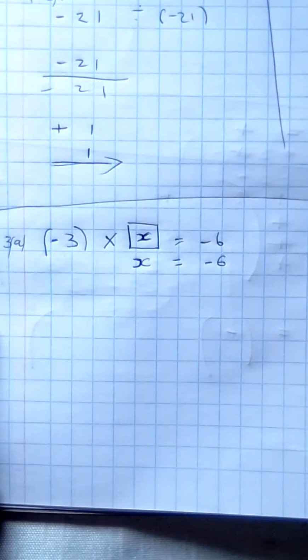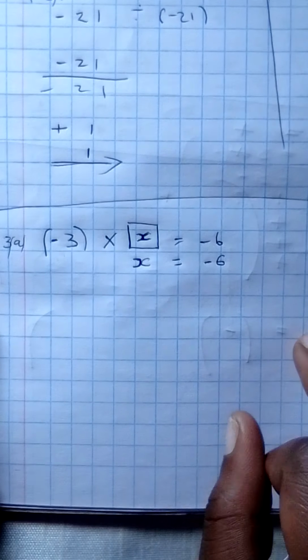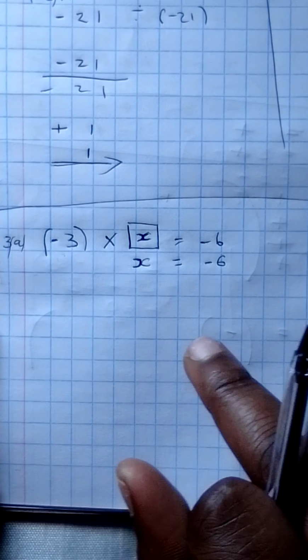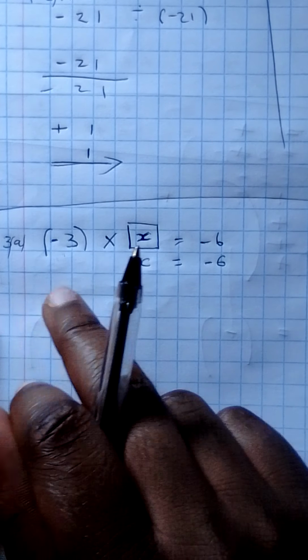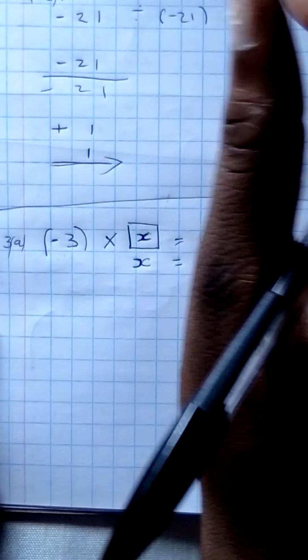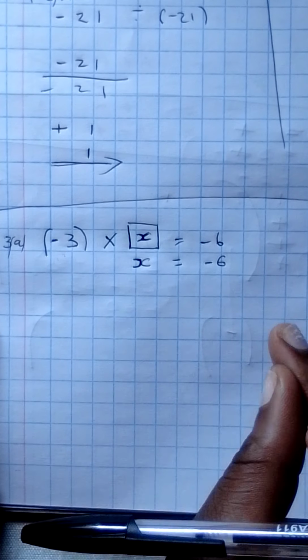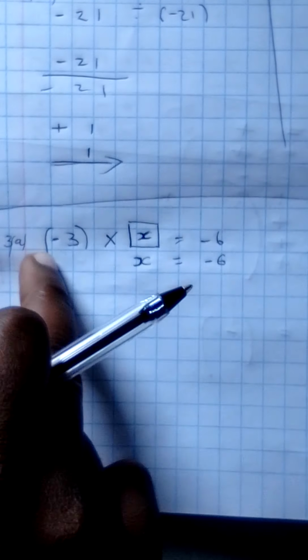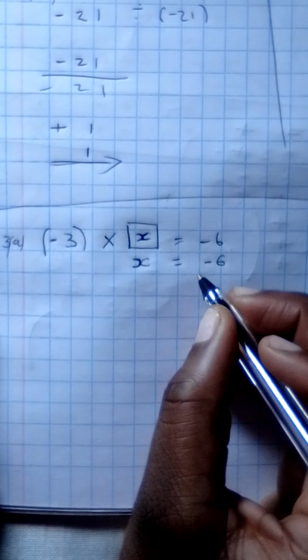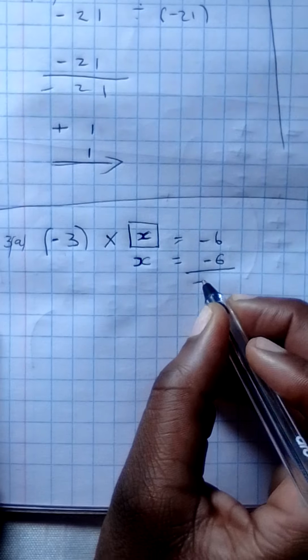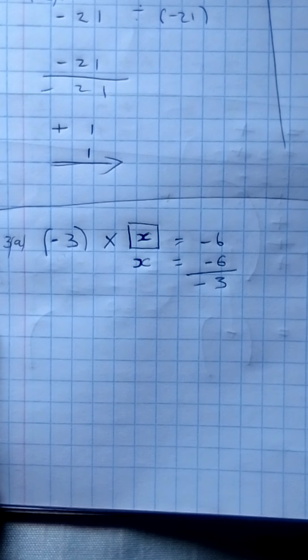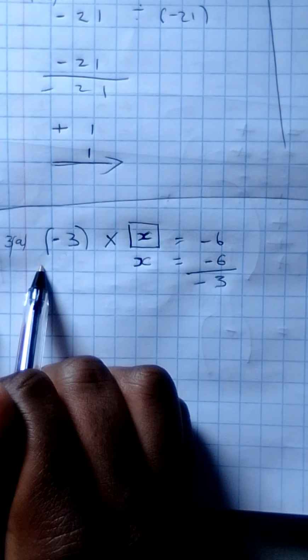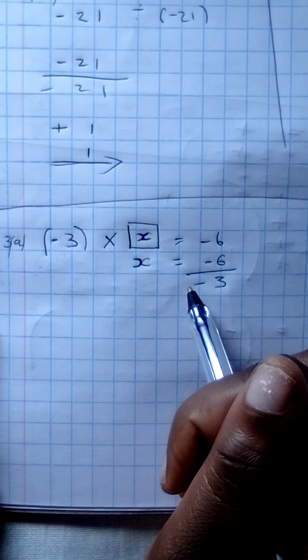So now we are jumping this minus 3, bringing it to the other side of equal sign. It's going to change. It's going to divide. Whenever it's jumping to another side of an equal sign, it's going to divide. So we are going to divide this minus 3 this side, right? We put our minus 3 there. It was a multiplication. It's now jumping the equal sign, so it changes to be a division, right?